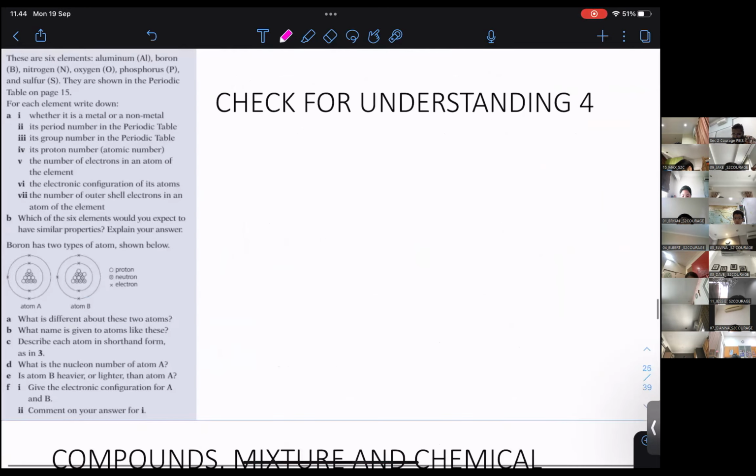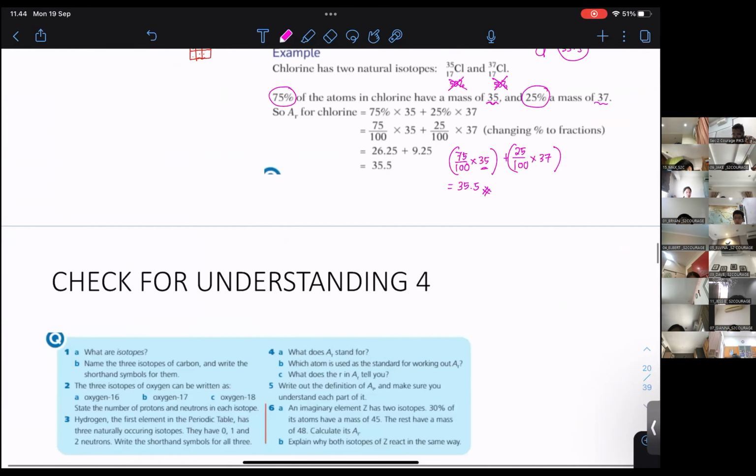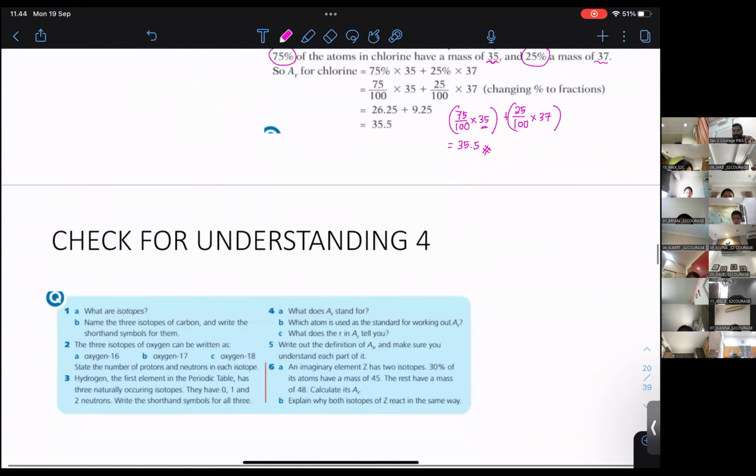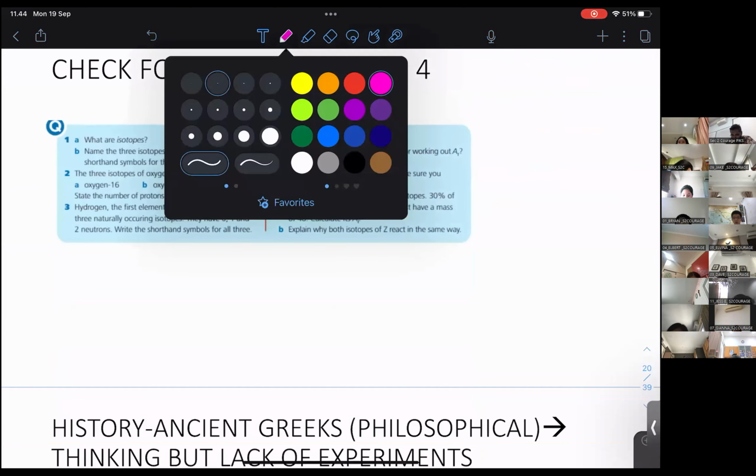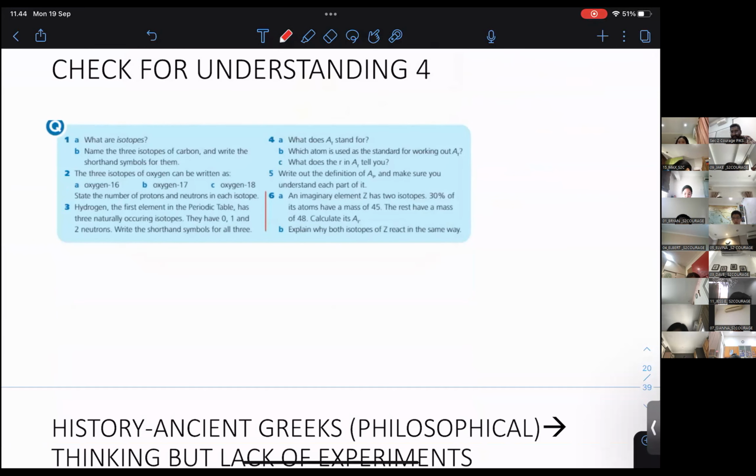Okay, now let's continue further. Check for understanding. What are isotopes? Kayla, can you tell me what are isotopes? Isotopes have the same proton but different neutron.